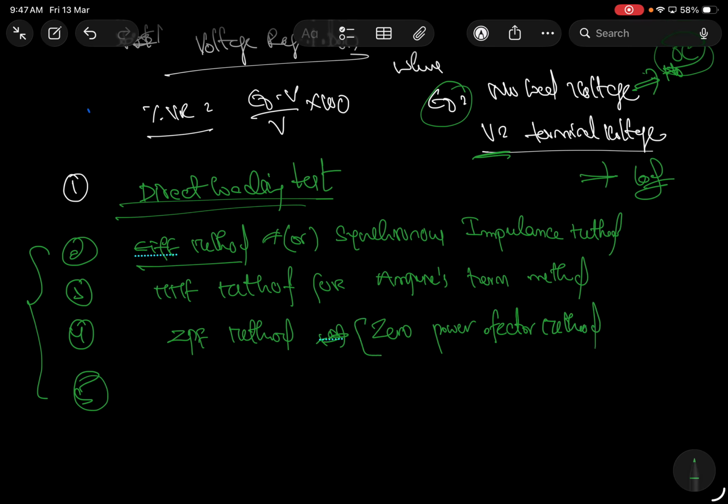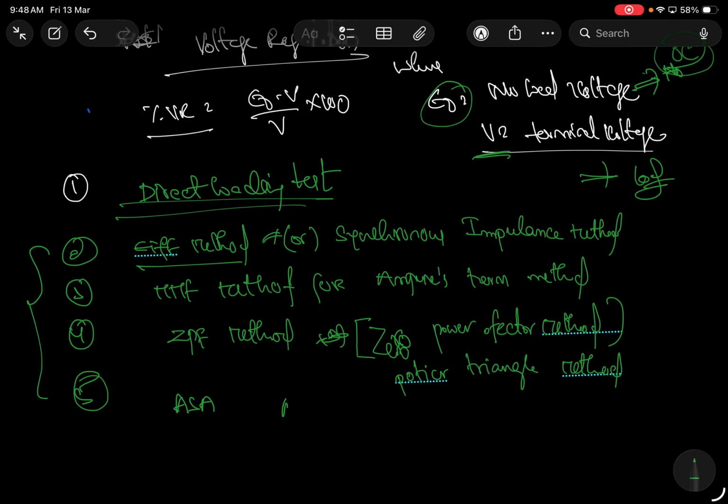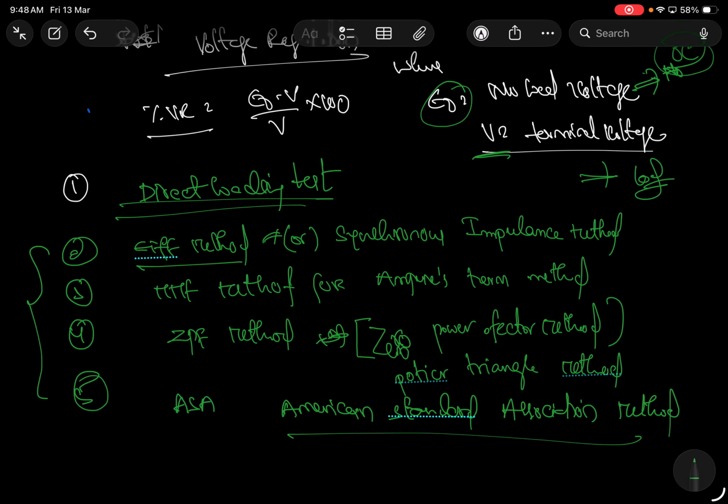There is also one more name for it: the Potier triangle method. Last one is the ASA method, that is the American Standard Association method.